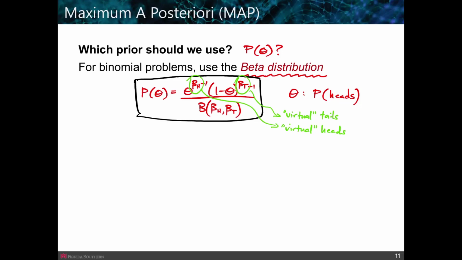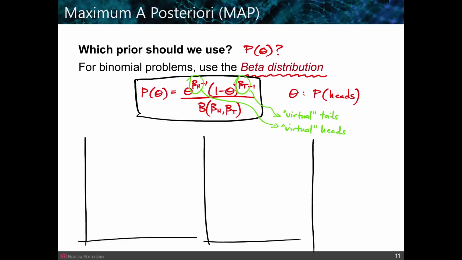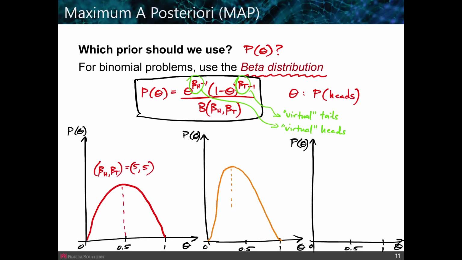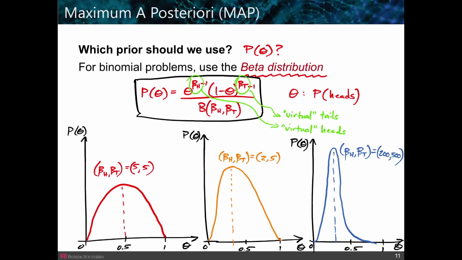Now, allow me to draw what this distribution looks like in practice. So on the x-axis, we have the parameter we're trying to estimate, theta, and on the y-axis, we're showing the prior probability of seeing some value for that parameter.